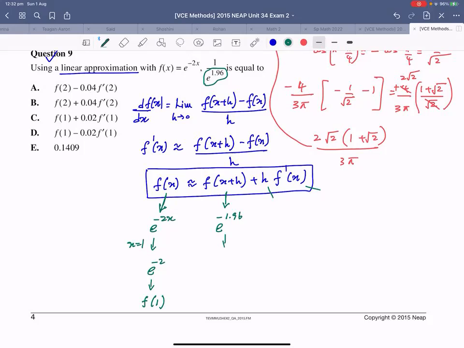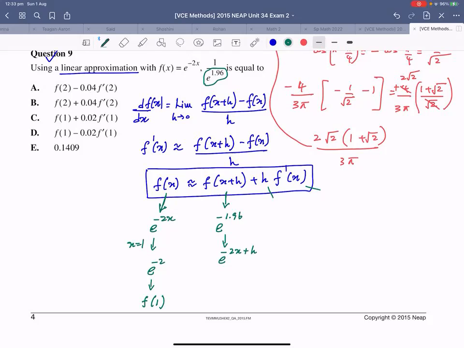So this is happening from e to the minus 2x, it should be plus h.